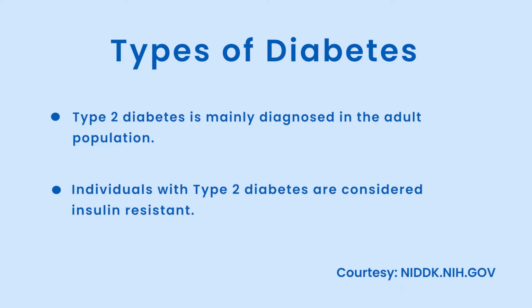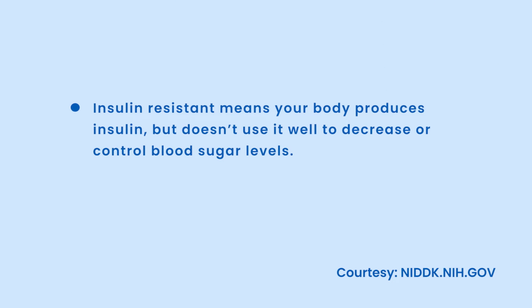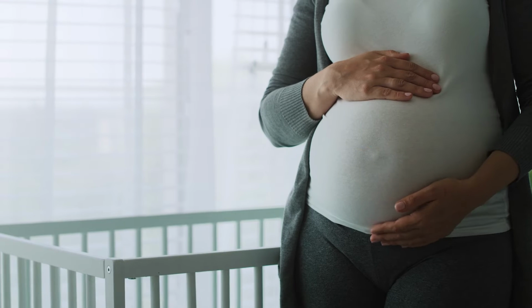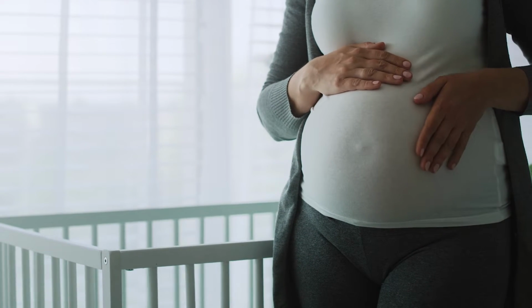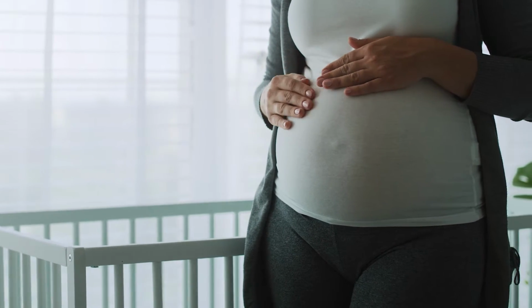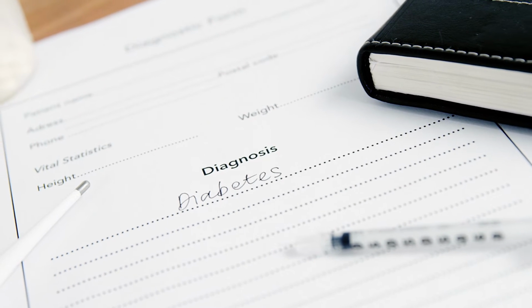These individuals are what we consider insulin resistant. So their bodies produce insulin, but their bodies just don't use that insulin well to control blood sugar levels, so their blood sugar levels get out of control. Gestational diabetes happens in women who are pregnant. We won't go into much detail about gestational diabetes today.